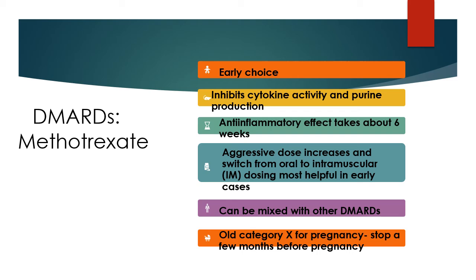Methotrexate is a good early choice. It inhibits cytokine activity and production of purine, and the anti-inflammatory effect takes about 6 weeks. You can increase doses as well as switching from oral to IM dosing. It can be mixed with other DMARDs, and it is not used in pregnancy.